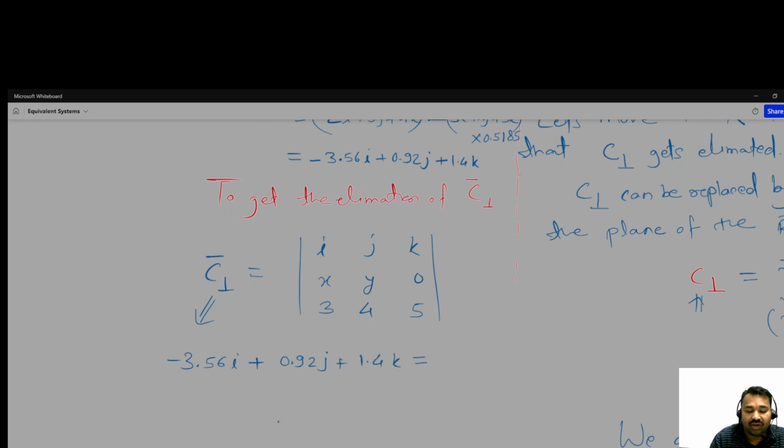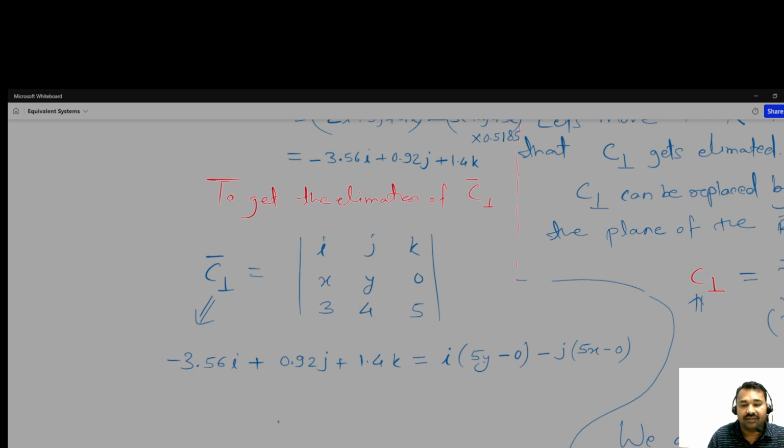So is equal to, we have i and then 5y, and 4 is multiplied by 0 here. Okay, that's why 0, and then minus j, and it is multiplied by x is multiplied by 5, so 5x, and 3 is multiplied by 0, that's why 0.